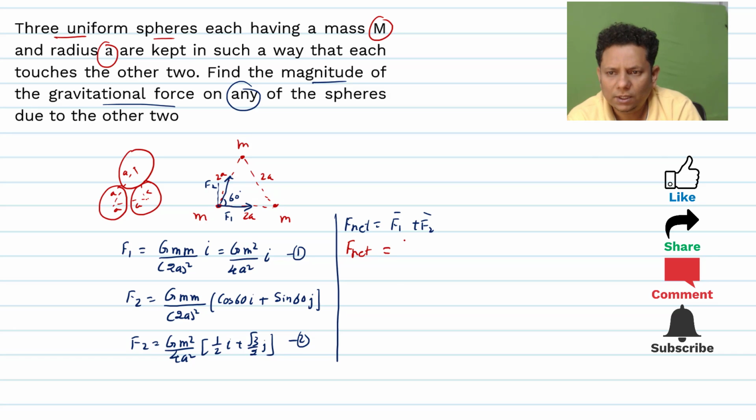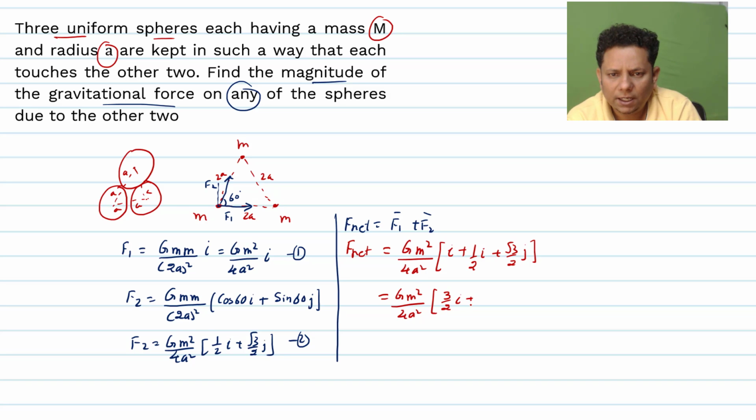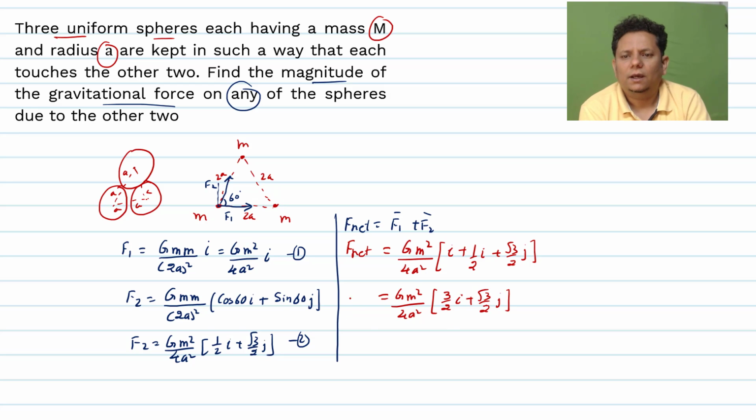If we take G M square by 4a square common from both, this will be equal to G M square divided by 4a square, times i cap plus 1 by 2 i cap plus root 3 by 2 j cap, which becomes G M square divided by 4a square, 3 by 2 i cap plus root 3 by 2 j cap. So this will be F net.